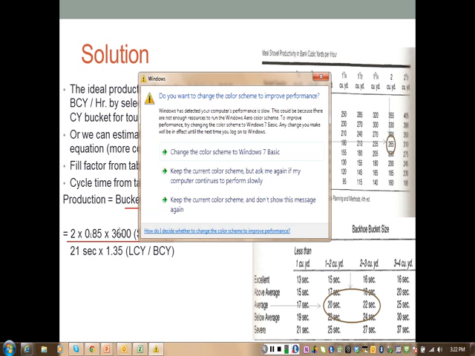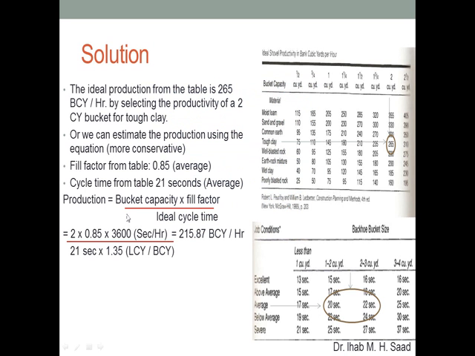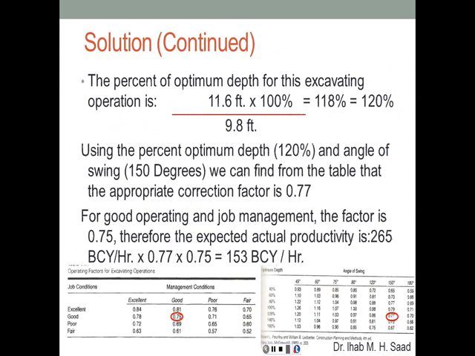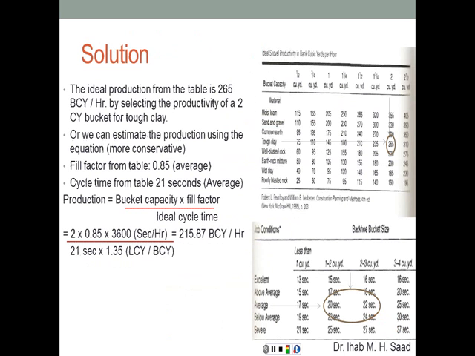So it's 2, the bucket size, times 0.85 times 3600 divided by the cycle time, times 1.35, which takes into consideration the 35% swell factor, to convert from loose cubic yards to bank cubic yards. All of these were the ideal productions, so we had an ideal production of anywhere between 265 based on the table or 215 based on the equation.